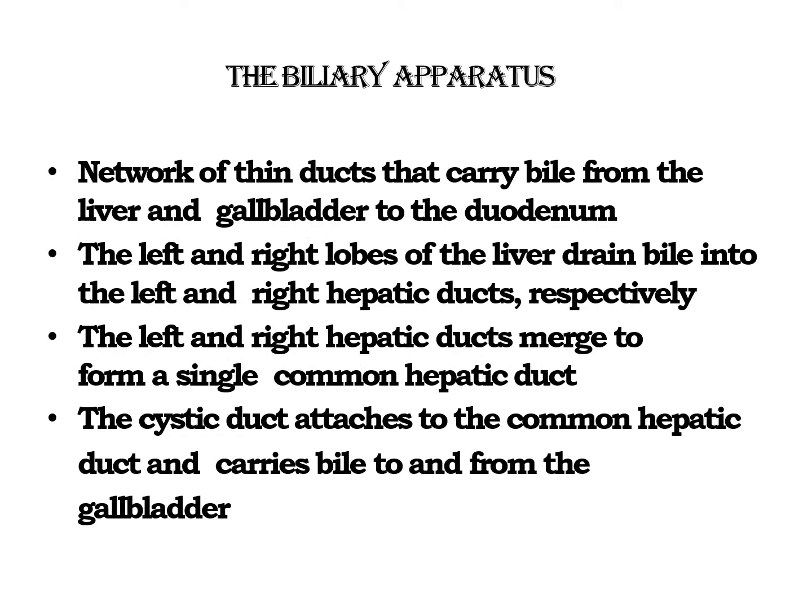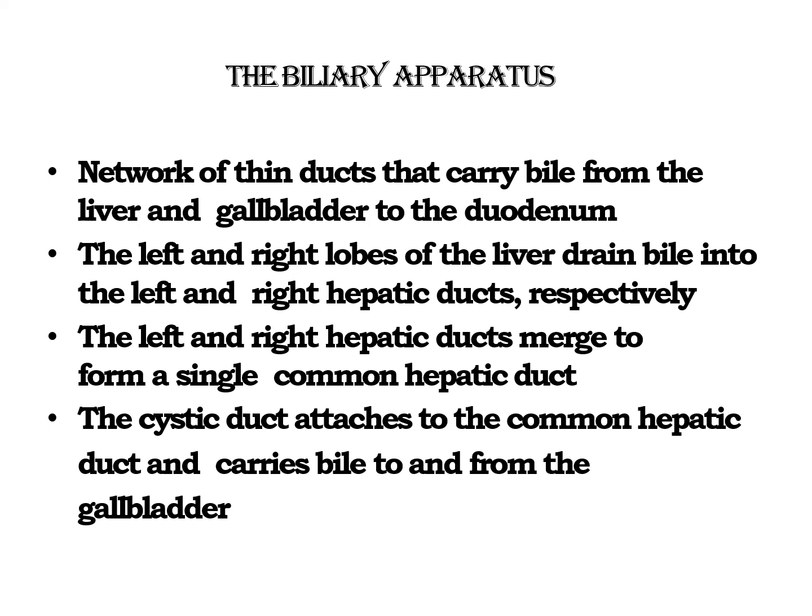The biliary apparatus. It collects bile from the liver, stores it in the gallbladder, and transmits it to the second part of the duodenum. The biliary apparatus consists of a network of thin ducts that carry bile from the liver and gallbladder to the duodenum.